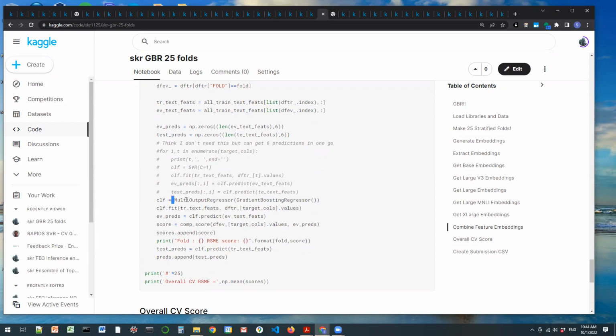Instead of a single output, which is a single column, that is syntax or whatever, it does gradient boosting for 6 outputs.